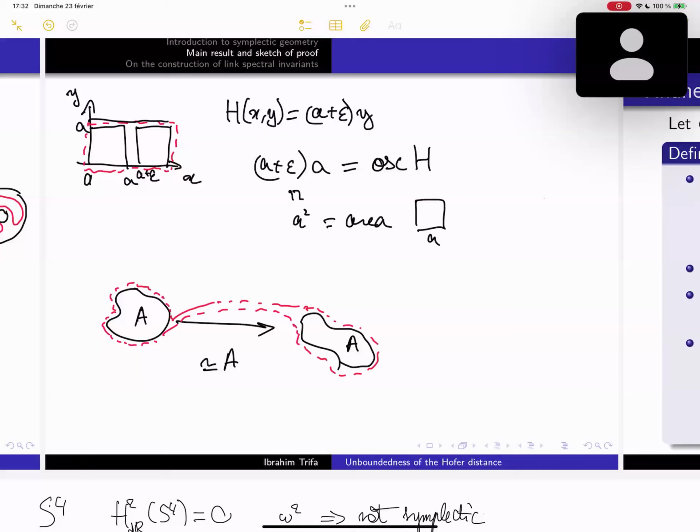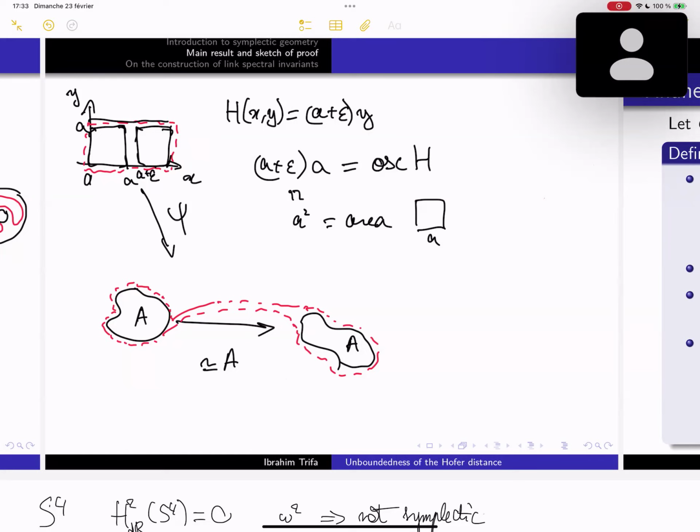And then I'm claiming that I can conjugate the picture I had above with the picture I have below. Well, I also need to smooth the corners of my square here. Okay, and then I can find a map psi that maps the picture above to the picture below. That is also a Hamiltonian diffeomorphism.